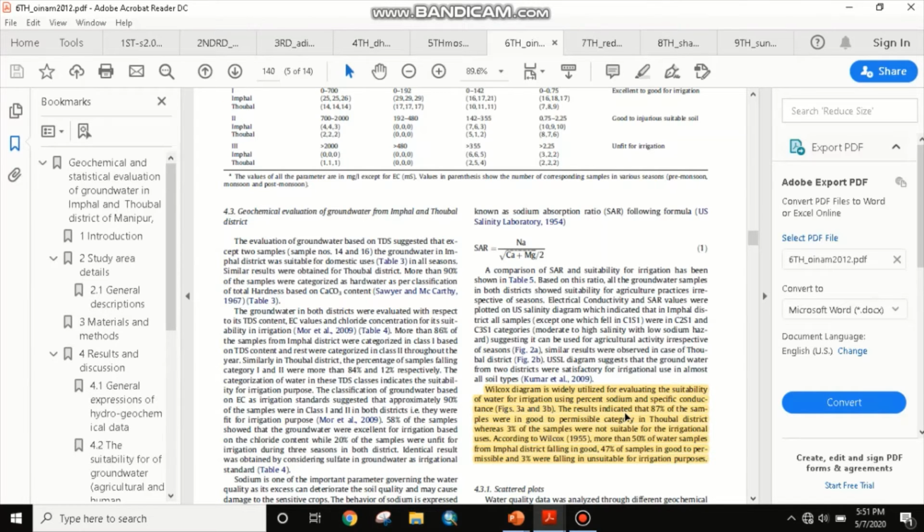The results indicated that 87% of the samples were in good to permissible category in Thoubal district, whereas 3% of the samples were not suitable for irrigational uses. According to Wilcox, more than 50% of samples from Imphal district fall in good, 47% samples in good to permissible, and 3% falling in unsuitable for irrigation purposes.